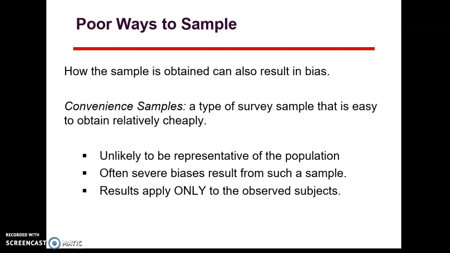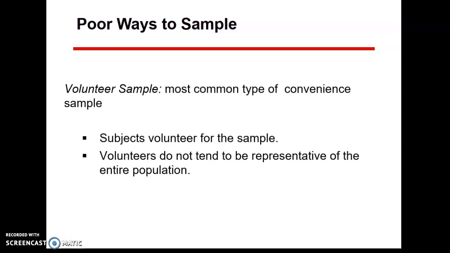Convenience samples. People who volunteer, not a random sample. Like, who wants to test this Pepsi versus Coke? Well, there's a lot of people who would volunteer for that, but there's a lot of people who have no interest in checking it out. So then you're only testing part of the population.